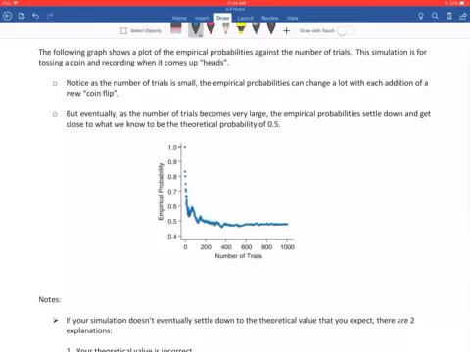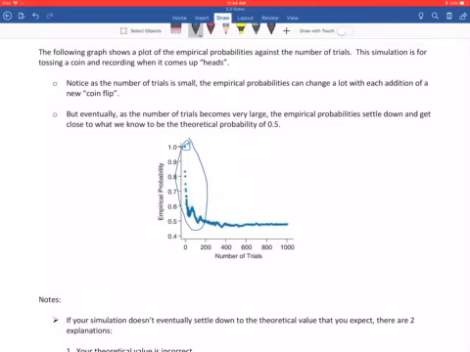So here is a graph that demonstrates what the law of large numbers does. This one in particular is for flipping a coin and whether or not it lands on heads. As the number of trials is small, the empirical probabilities change a lot. Whenever the number of trials is small, look at the difference. It looks like the first time they flipped, they got a heads.